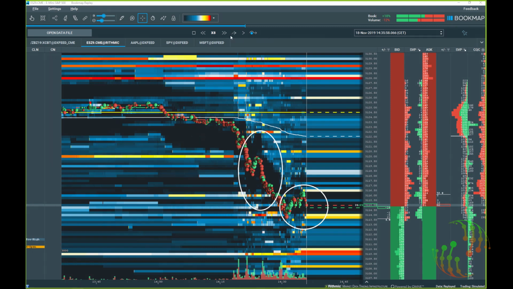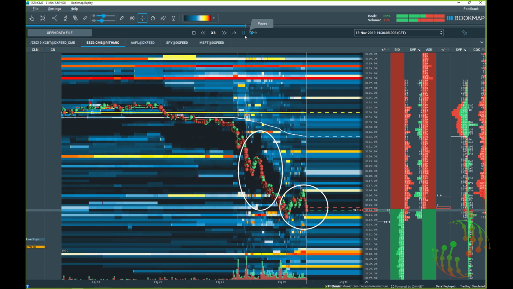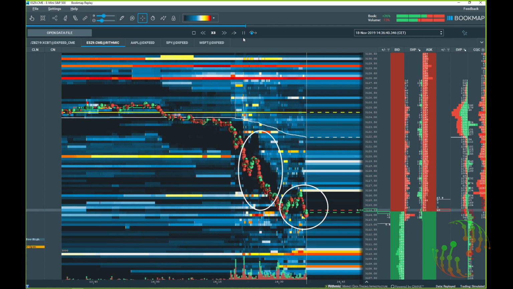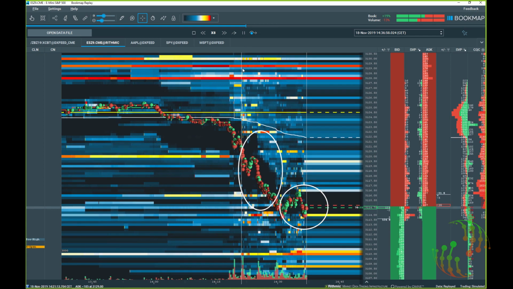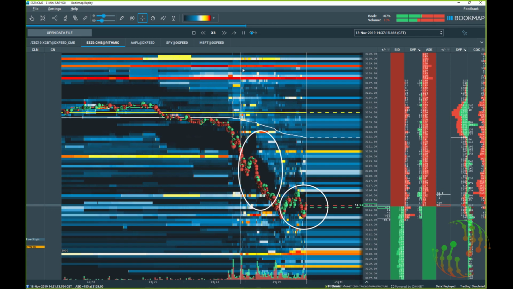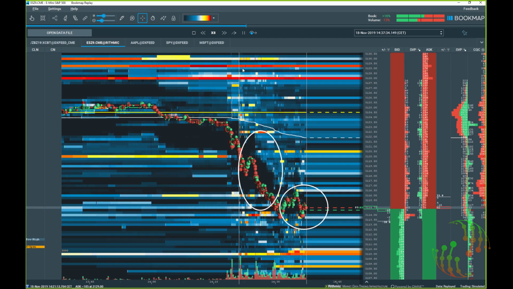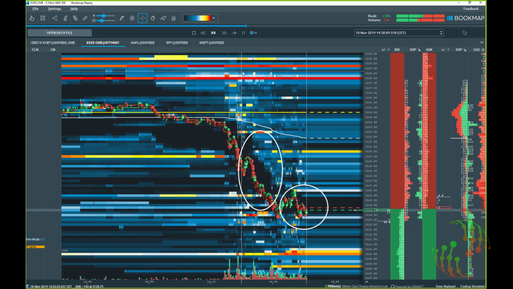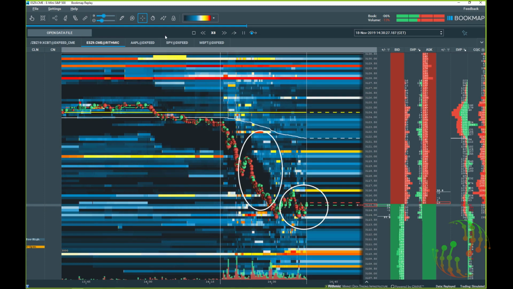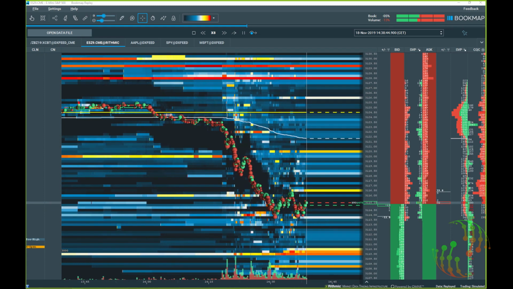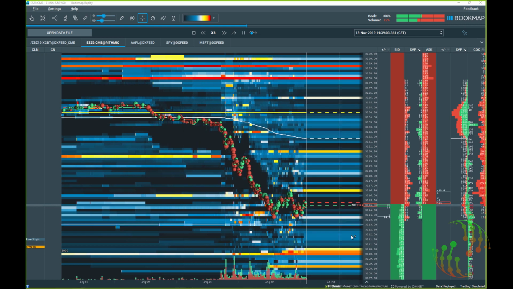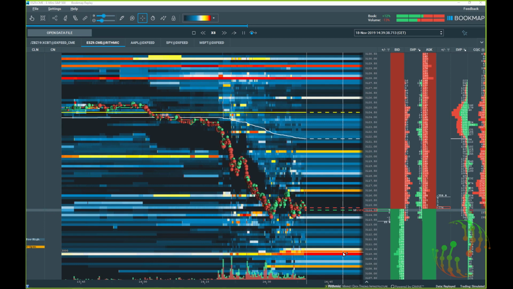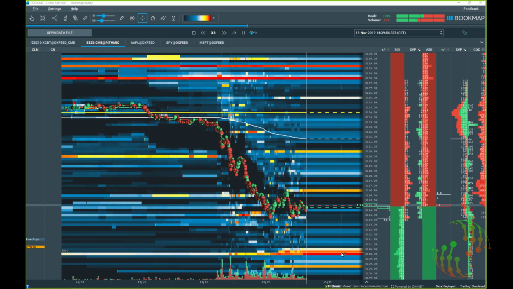So let's see what is happening. What happens next? They stuck some sellers down there. Look here, 31.10. Liquidity is coming up here.